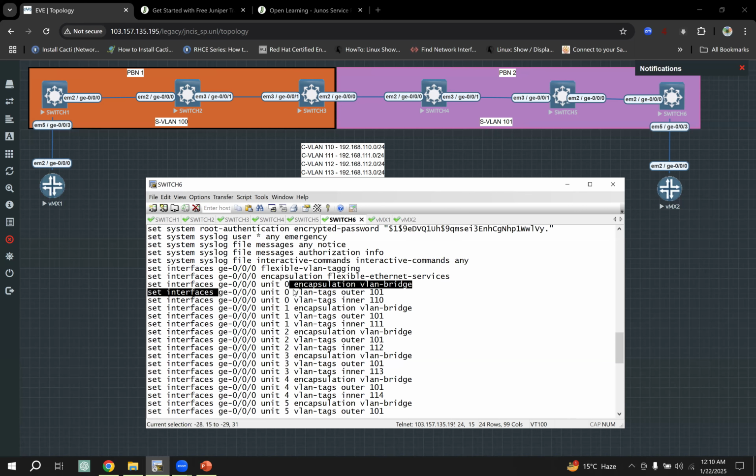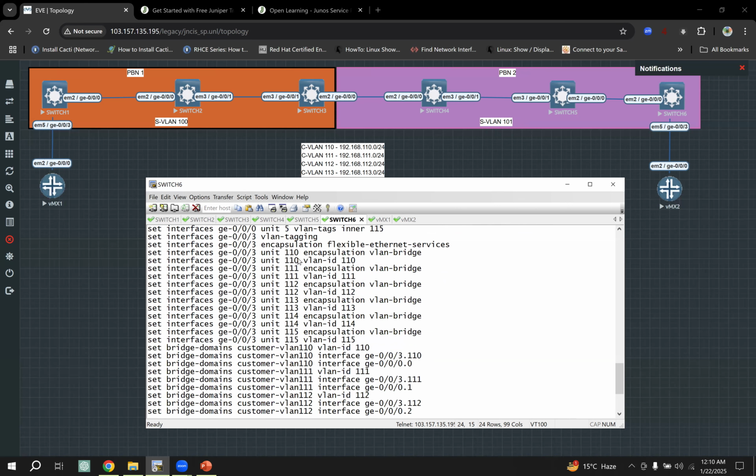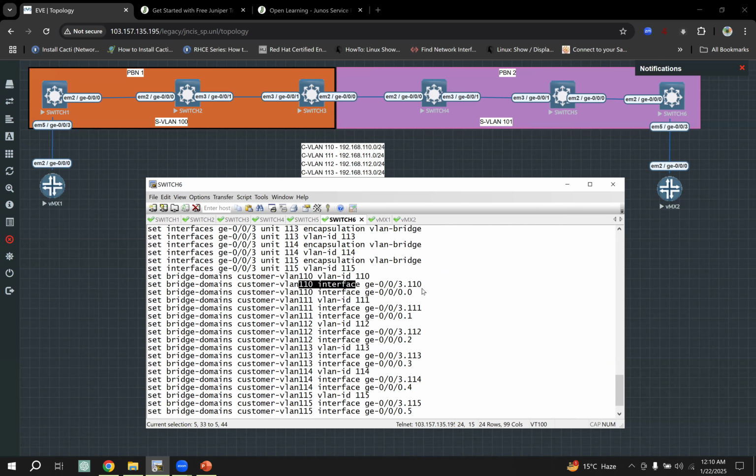This logical interface Z0 by 0 by 0 dot 0 and this logical interface Z0 by 0 by 3 dot 110 both will be in a single bridge. Similar task happened here.